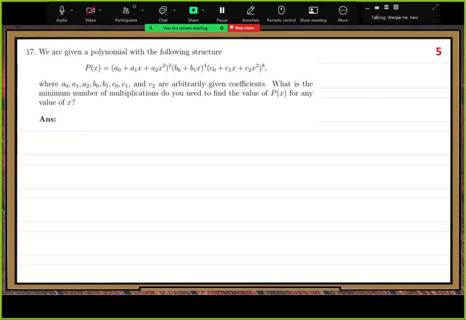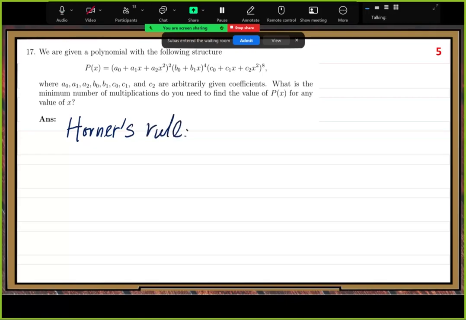First half, Horner's rule. That's easy. So let's do the first half by Horner's rule. We have 3 pairs of parentheses. Let's calculate the 3 pairs of parentheses first.